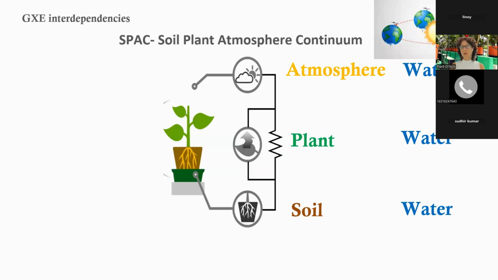So the least that we can do is to measure this and not to overlook it. This is the soil, the plant, and the atmosphere in a continual process, because during the day there are changes in the atmosphere, changes in the soil, and the plant is reacting.